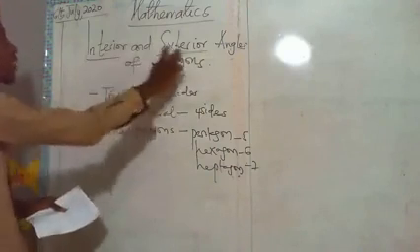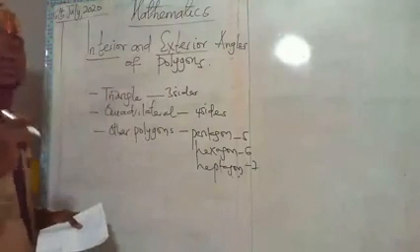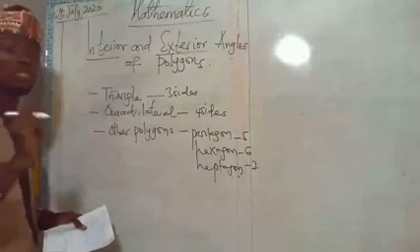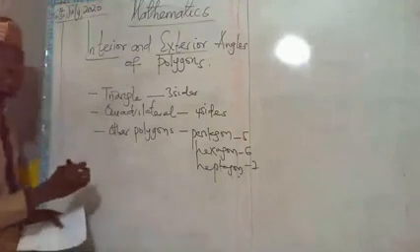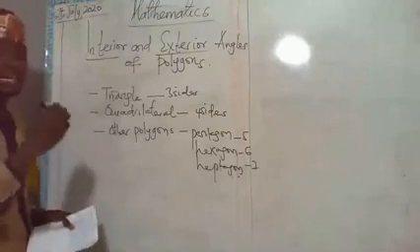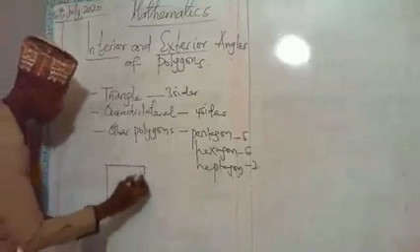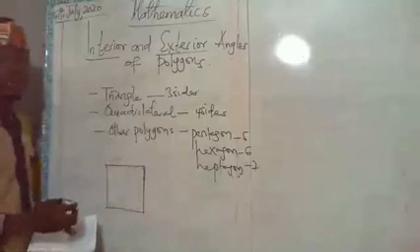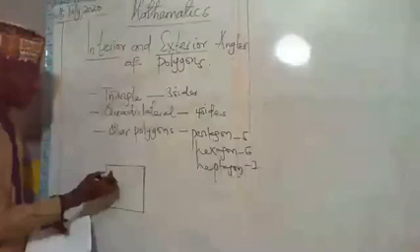What do you mean by interior and exterior angles? Interior angles, we've done angles the first day in geometry. I told you we have interior and exterior angles. For example, if this is drawn, this is a polygon, a quadrilateral with 4 sides, a square precisely.